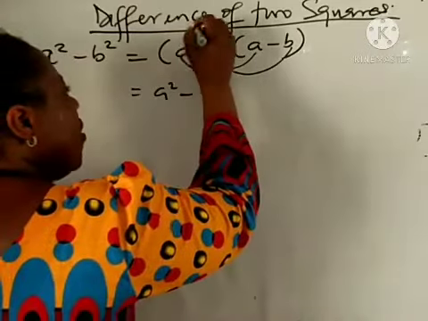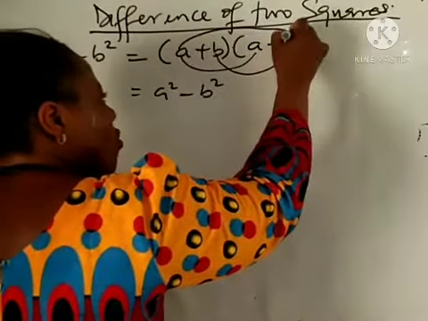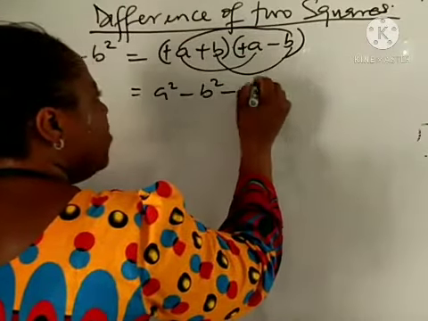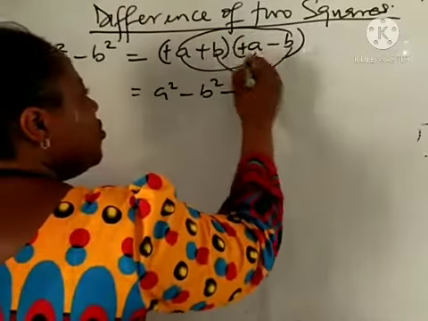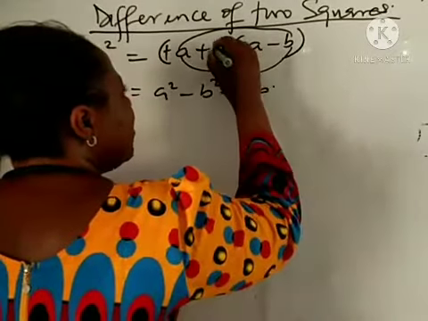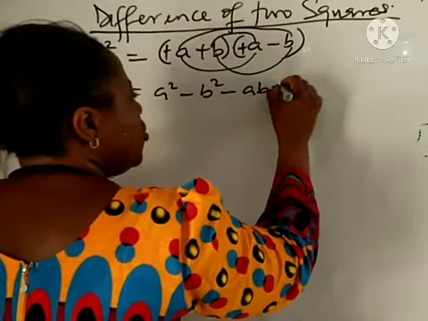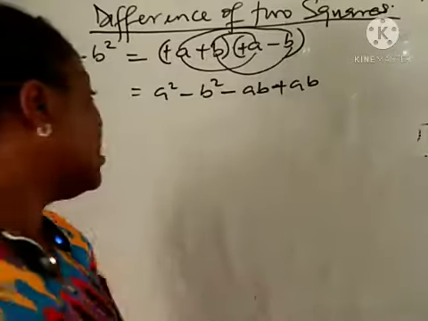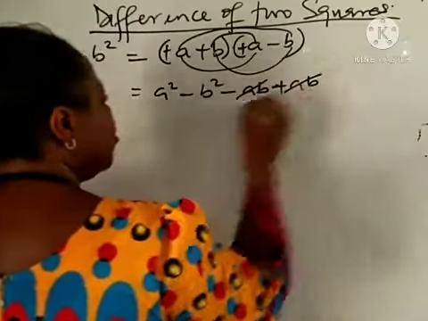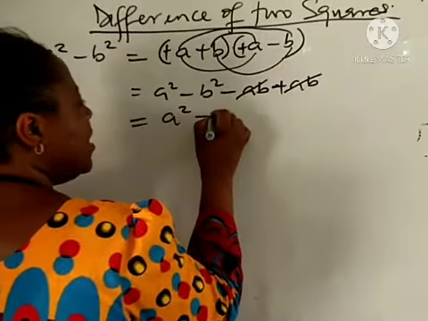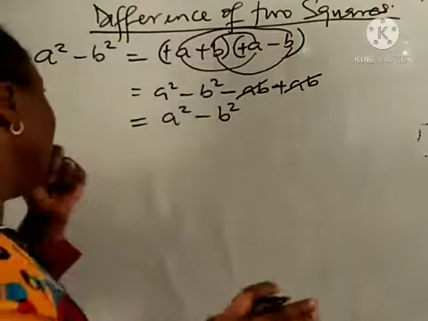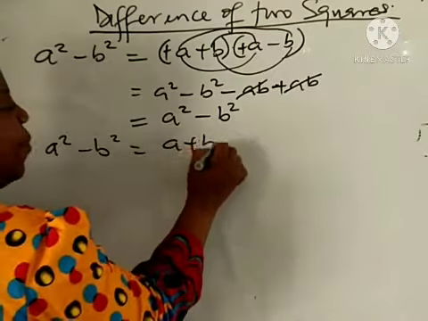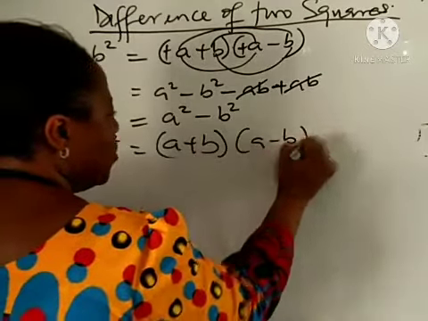So now we take this to multiply the second one. Plus and minus, that will be minus AB. We take this one to multiply the first one, plus AB. Plus AB minus AB will give you 0. So these will cross out each other, and we are now left with A squared minus B squared. So invariably, A squared minus B squared will always give you A plus B, A minus B.